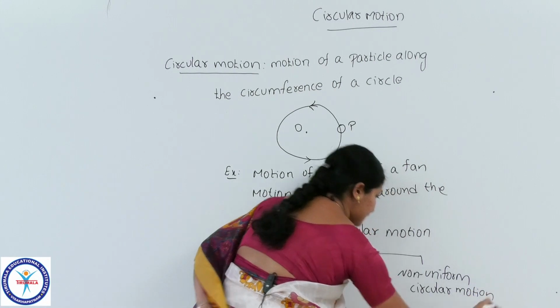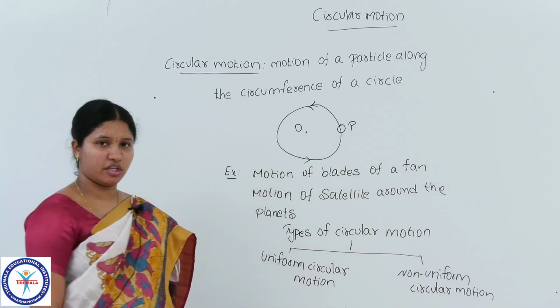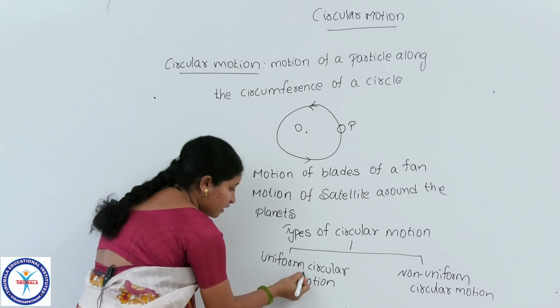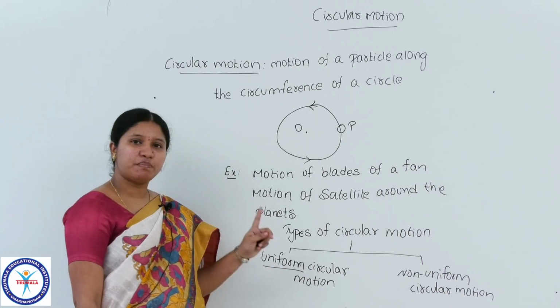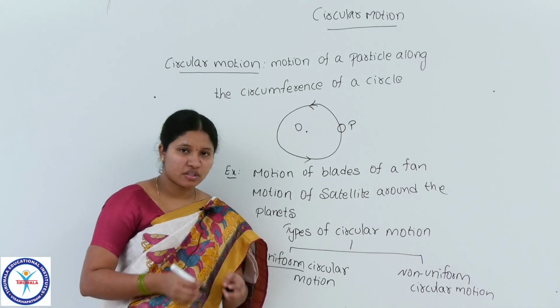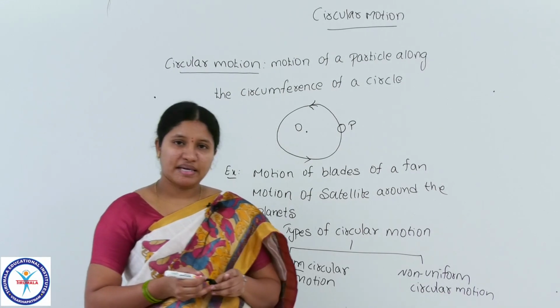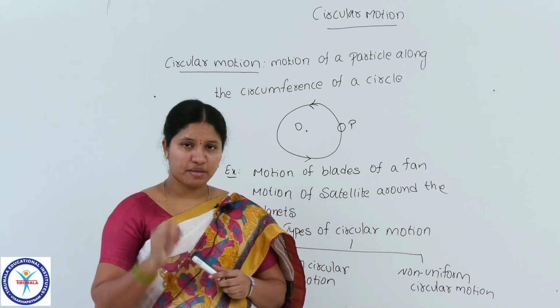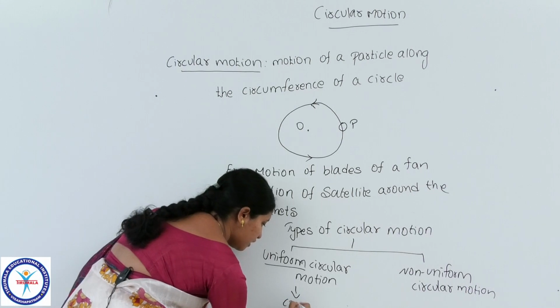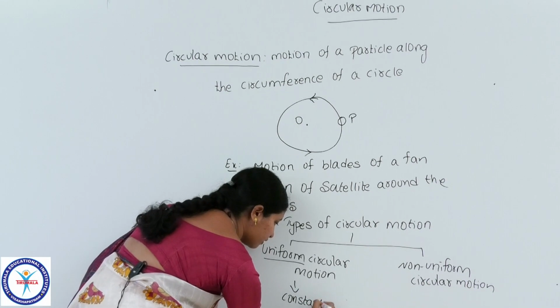First let us learn about uniform circular motion. Here the name itself indicates that uniform means the speed is constant. So we can define uniform circular motion as when a particle follows a circular path with constant speed.